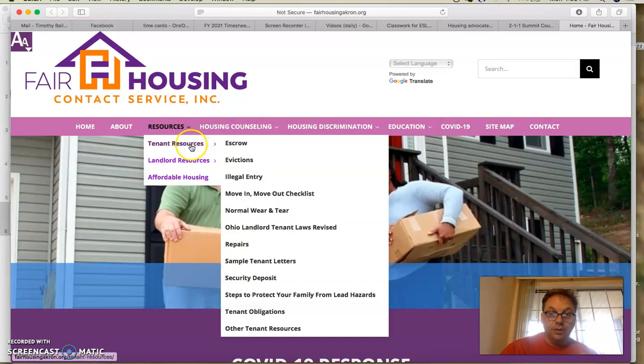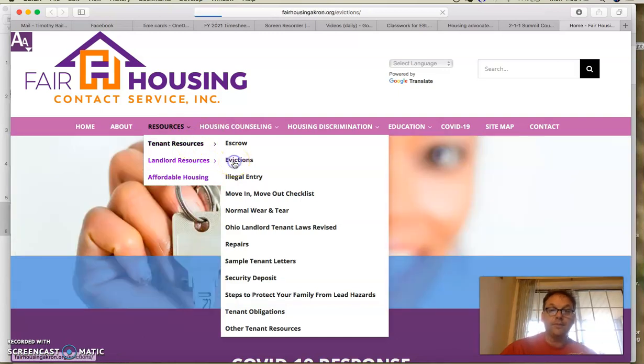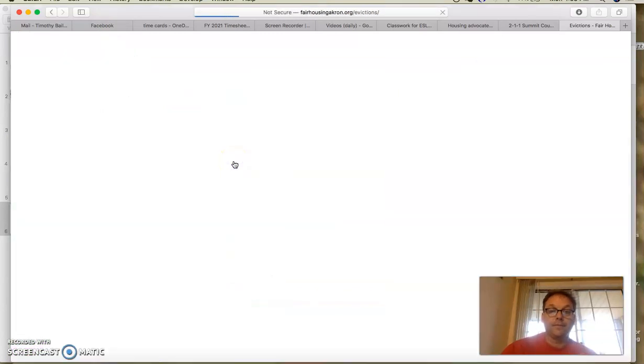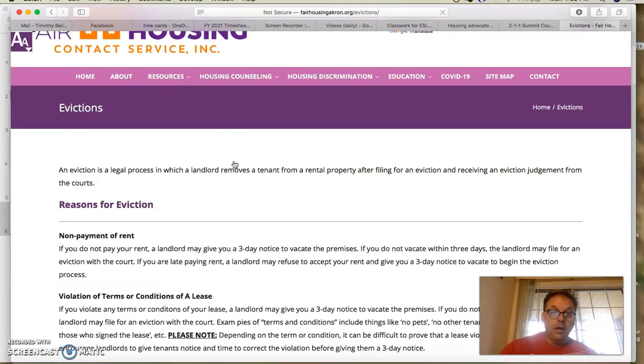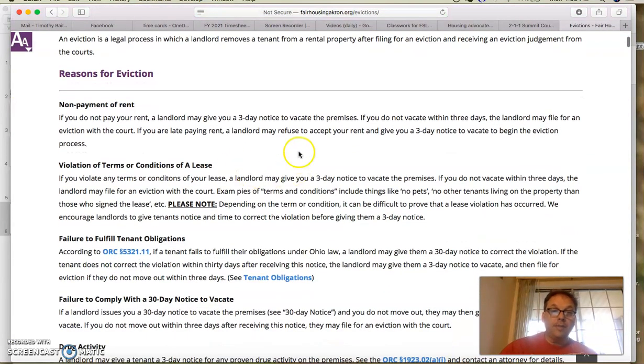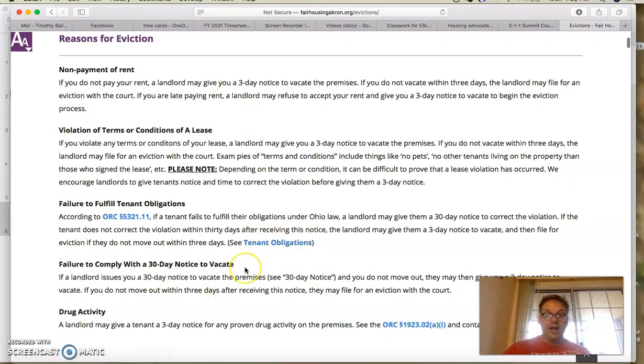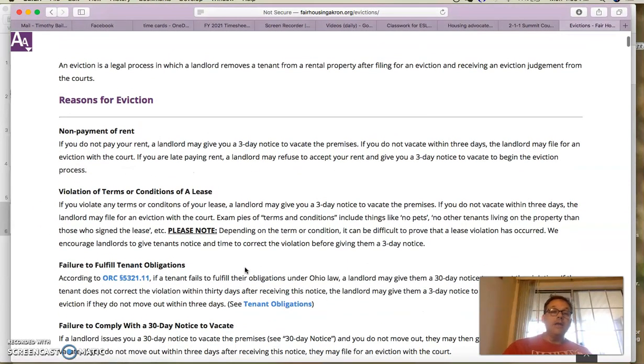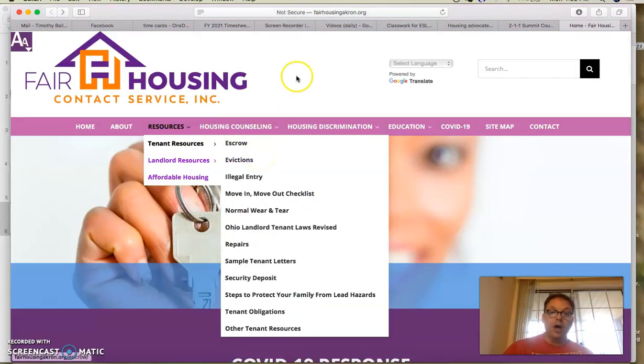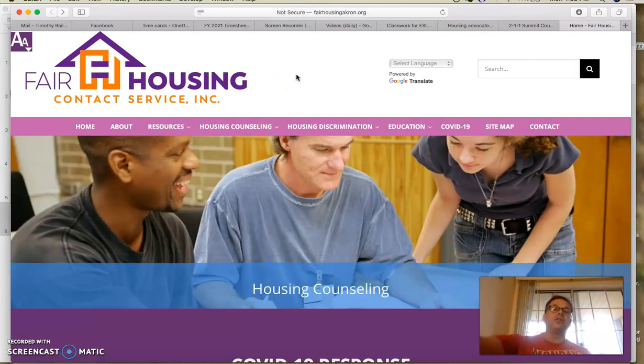So tenant resources, evictions. And they will have a lot of information about what you should do, about your rights, all things like that. And even before that, the Fair Housing Organization has a lot of resources to help you before you get to the point of being evicted.